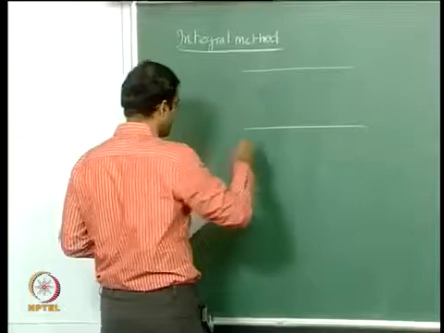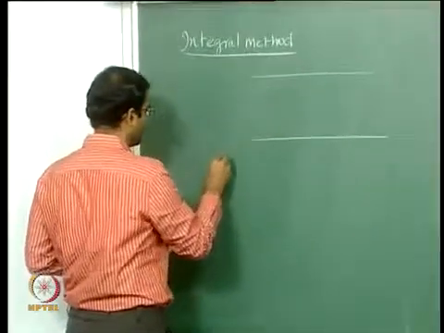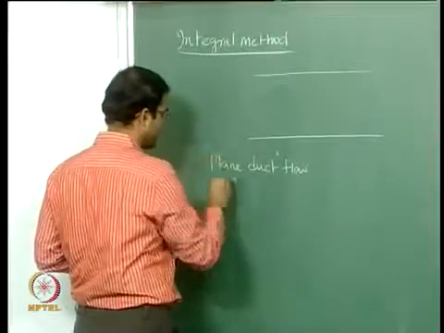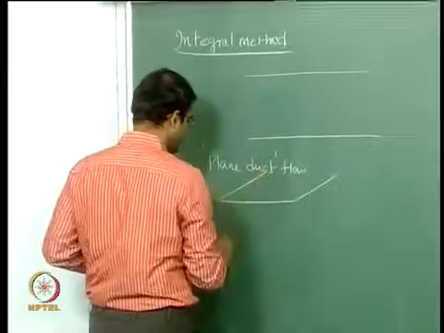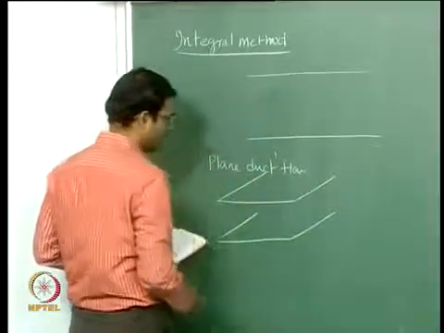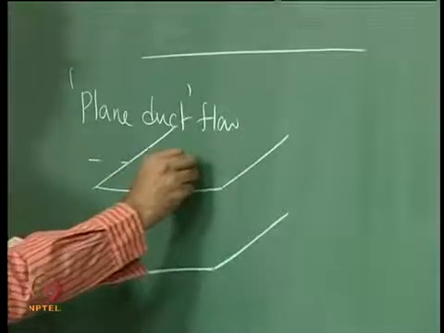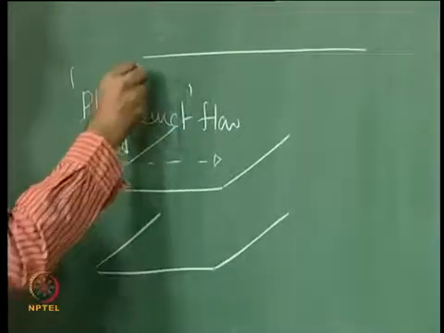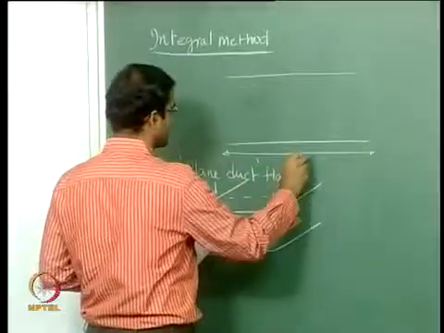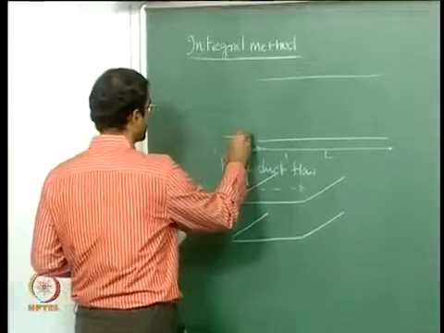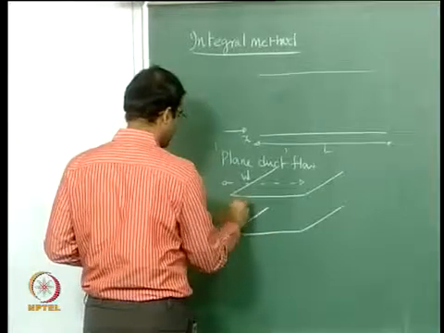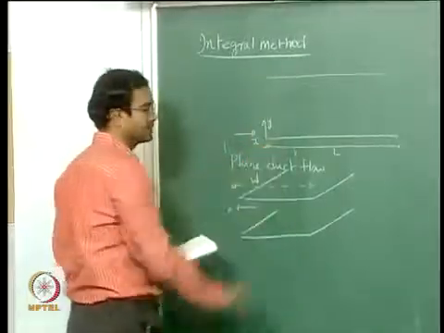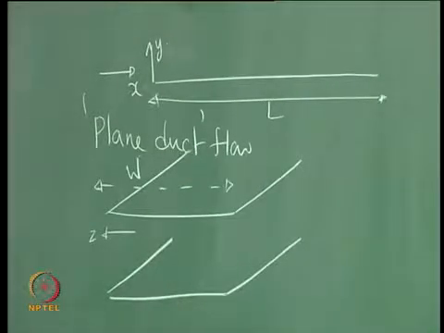So if you look at the cross section of a plane duct flow, you can assume that the width of this plate is some W, and the length of these plates along the x direction is L. The width is towards the z direction here, and then you have your y direction perpendicular to x and z. So this is a plane duct.